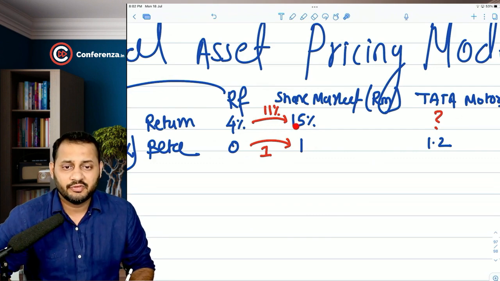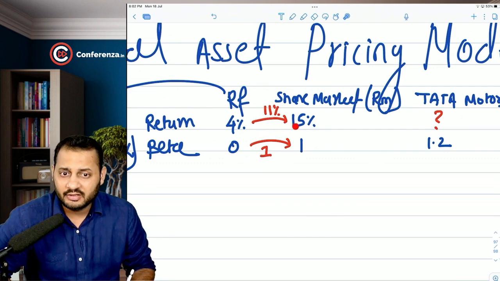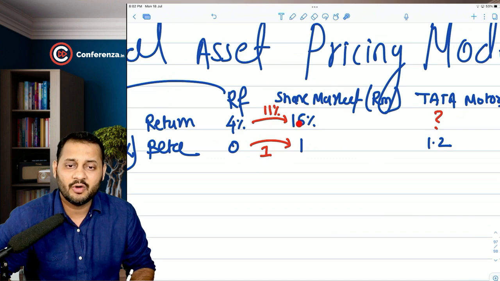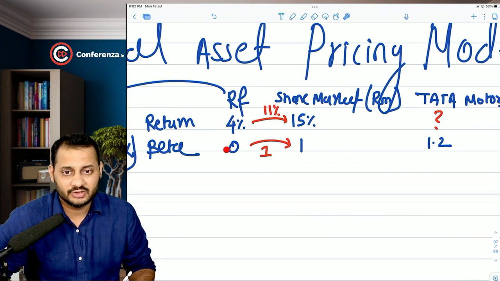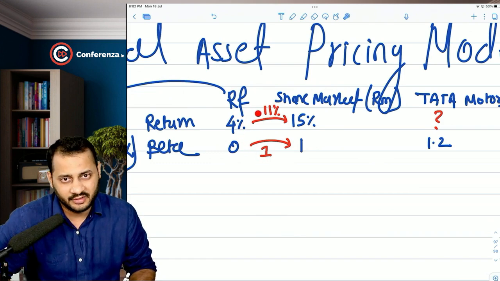Yes. This 15% is not the return for 1 unit of risk, because out of that 15, 4% is the return you are earning easily without any risk. So we can separate that 4%, and we can say that the risk we are taking will give you 11% of the extra return.